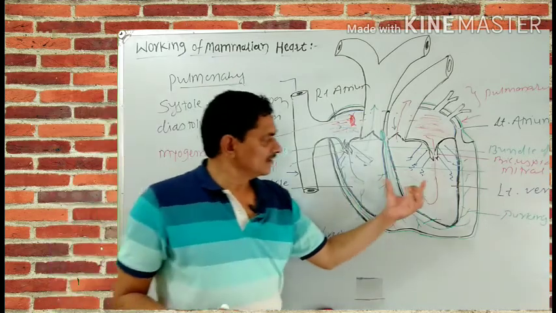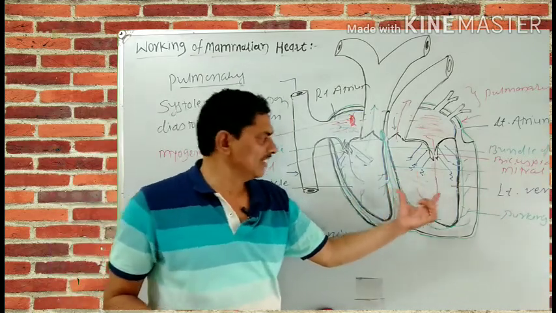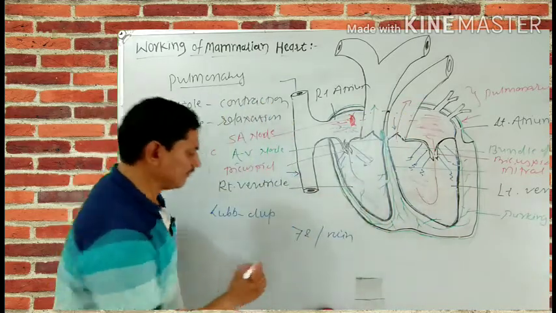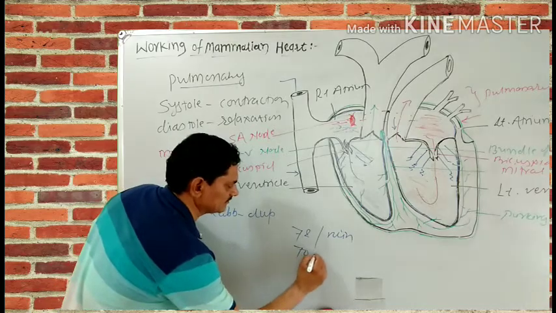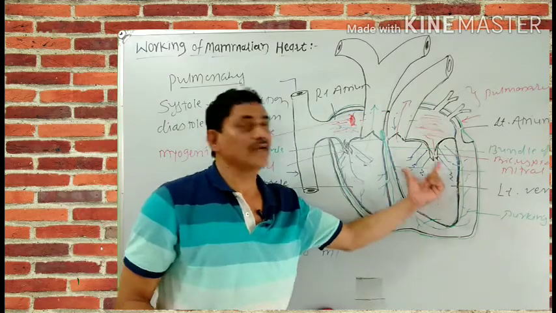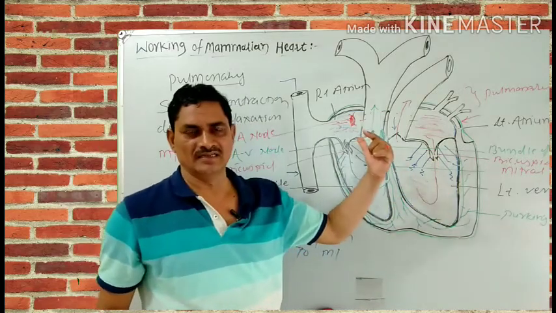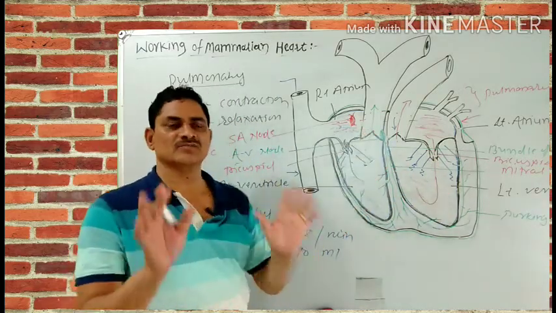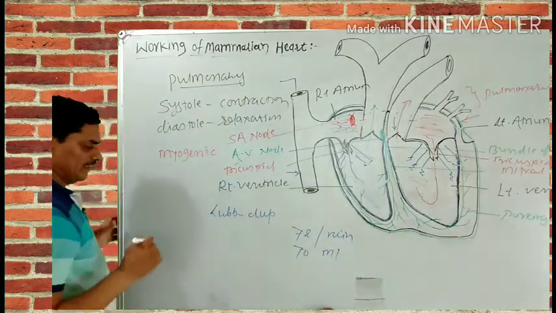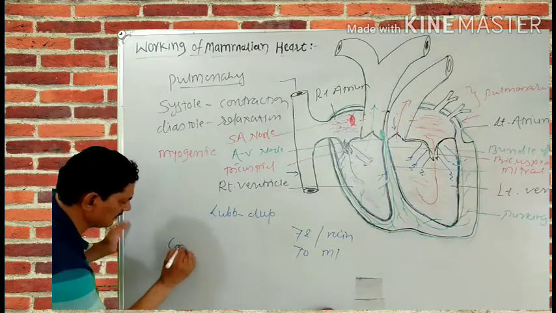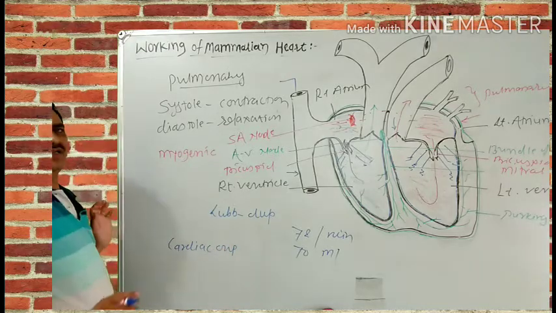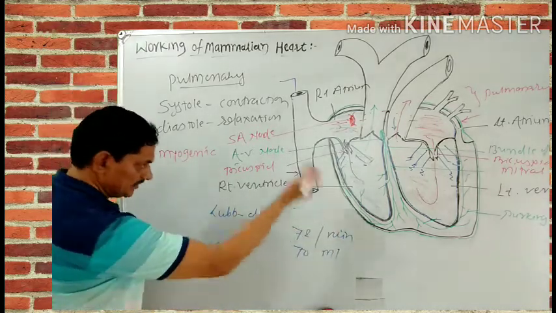And the stroke volume, the blood passing from the left ventricle to the aorta, is approximately 70 ml per stroke, meaning per contraction of the ventricle. Then we can calculate the cardiac output. Cardiac output means how much blood flows through the ventricle.